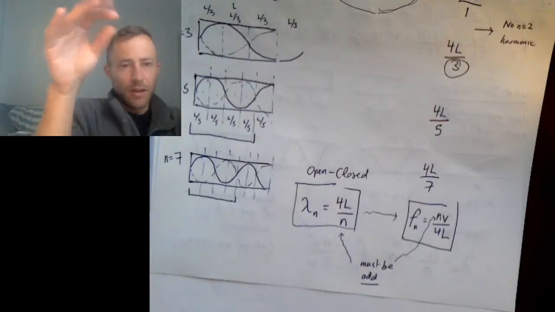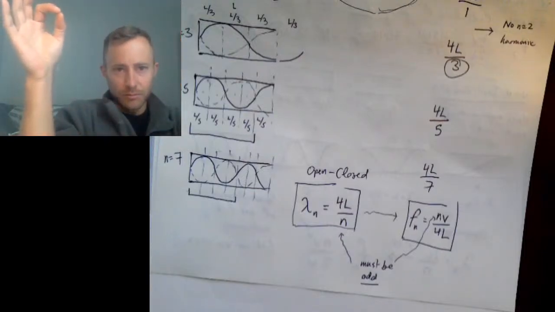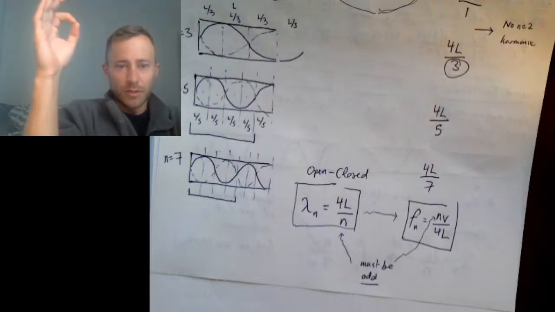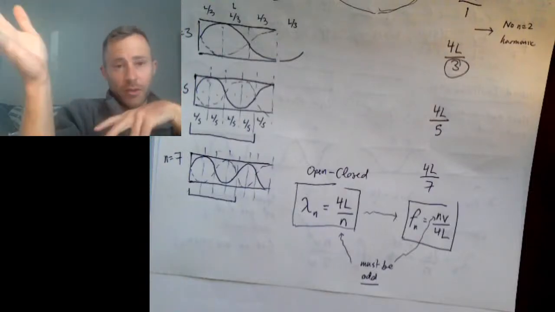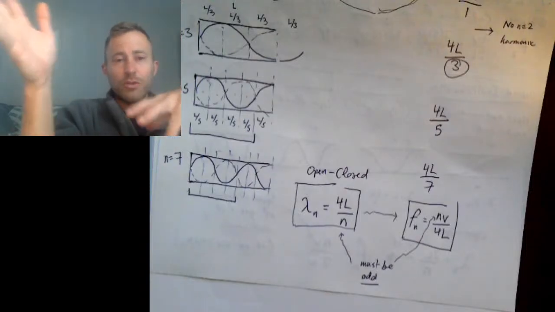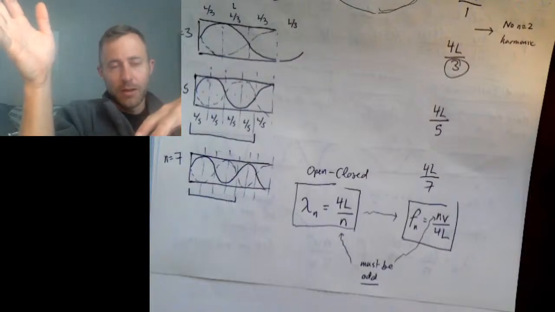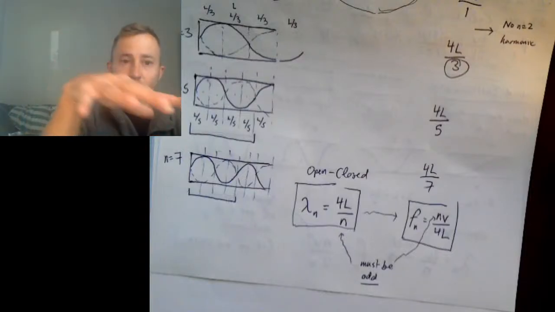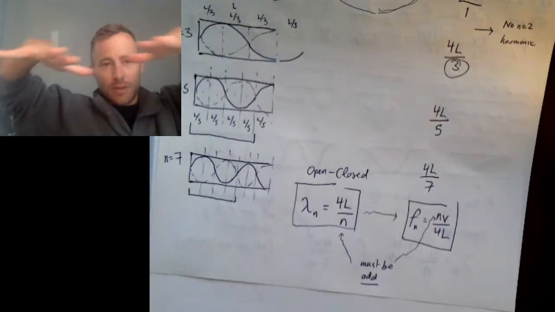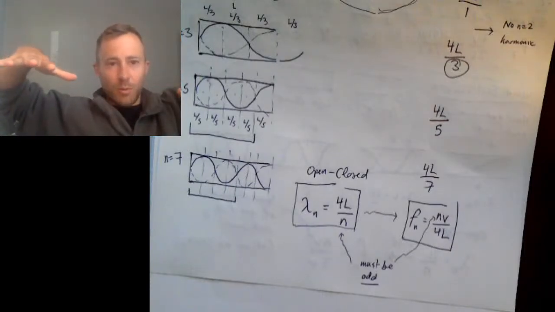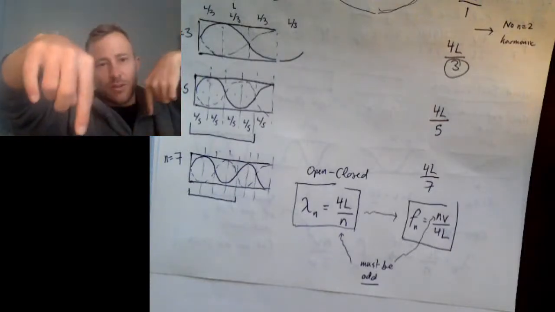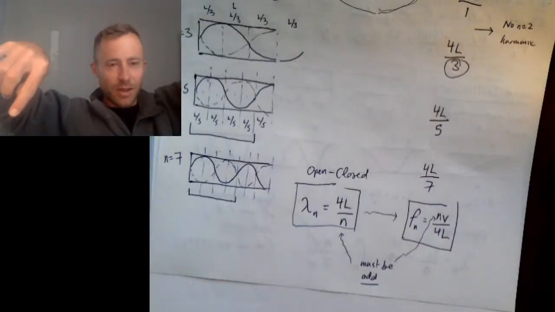A string is one-dimensional. There are other instruments that are inherently two-dimensional. For example, a drum. Drums have a drum head, and you can walk in 2 directions along the drum head.